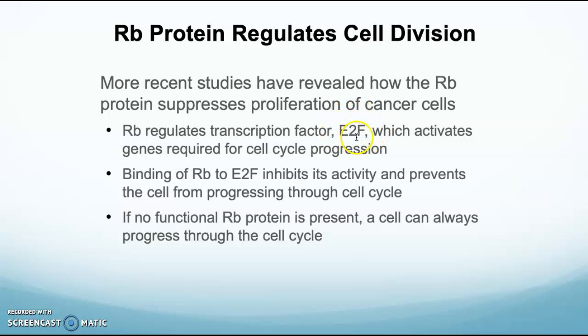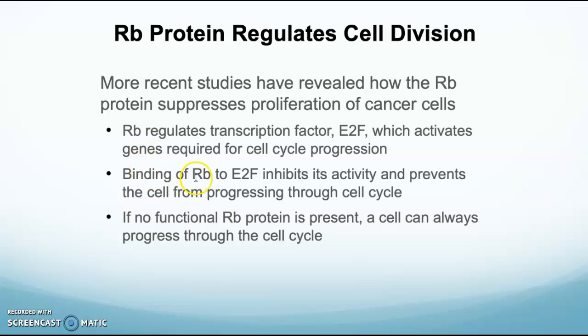E2F is what activates the genes for cell cycle progression, meaning that it's what tells the cell that it's okay to go ahead and go through cell division. This RB gene can regulate how much of this is being produced, and can regulate if this binds.